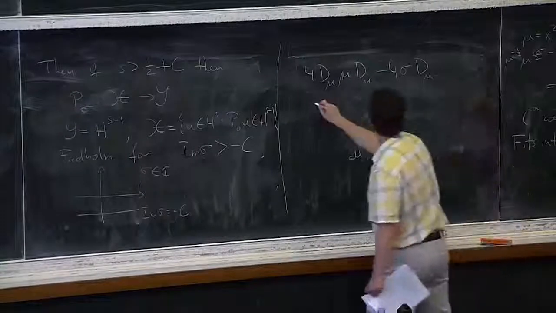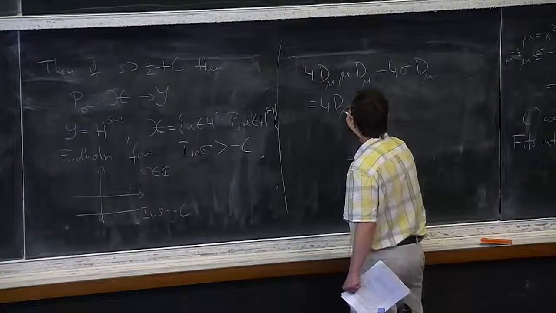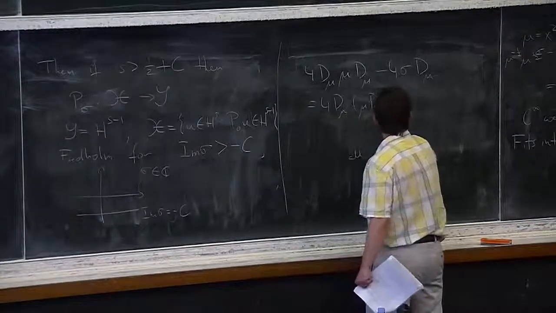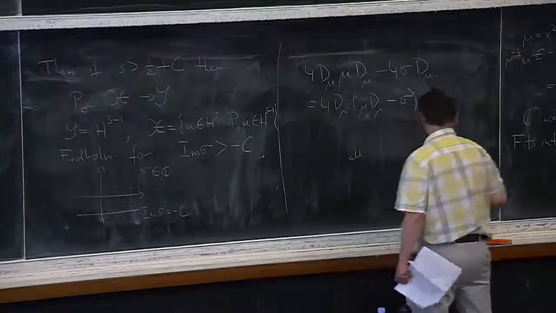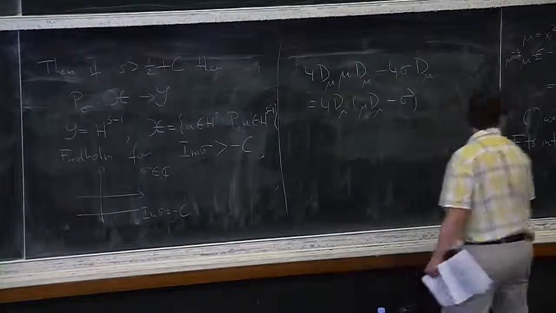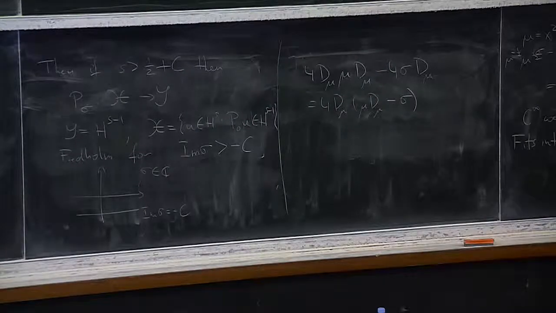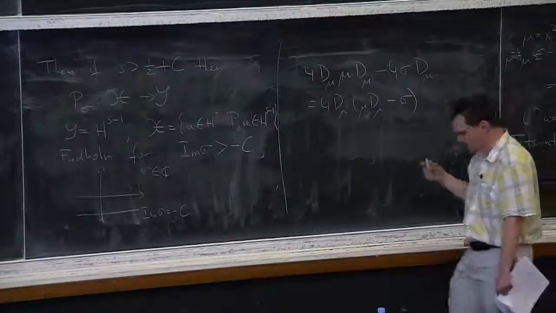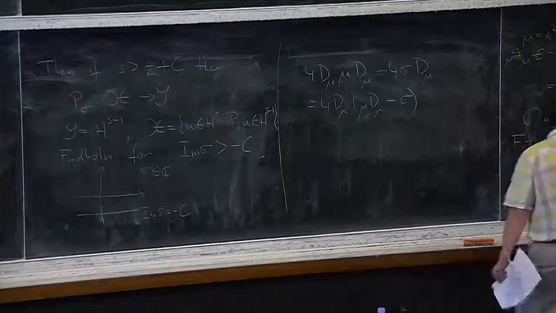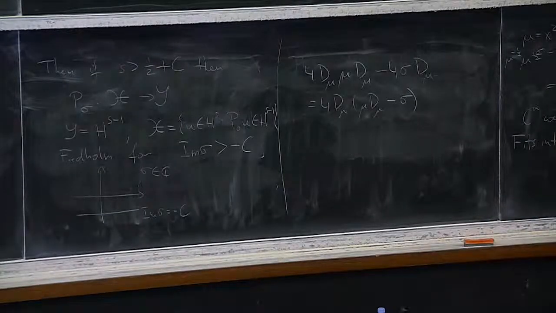And so I can write this as 4 D_mu times (mu D_mu minus sigma). So that's the mu part of this operator. And there are these other bits, but at the conormal bundle of Y, these other things are irrelevant. They vanish to second order there, so everything else is irrelevant.